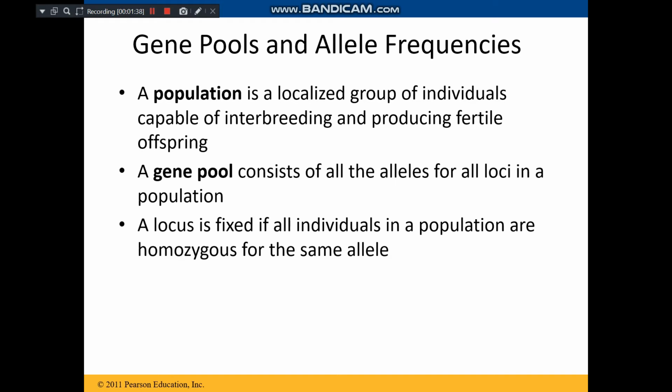A population has its own gene pool. The sum total of all the alleles of all loci in a population forms the gene pool. Then the total number of genes and the alleles on all the loci in a population, we call it the gene pool.